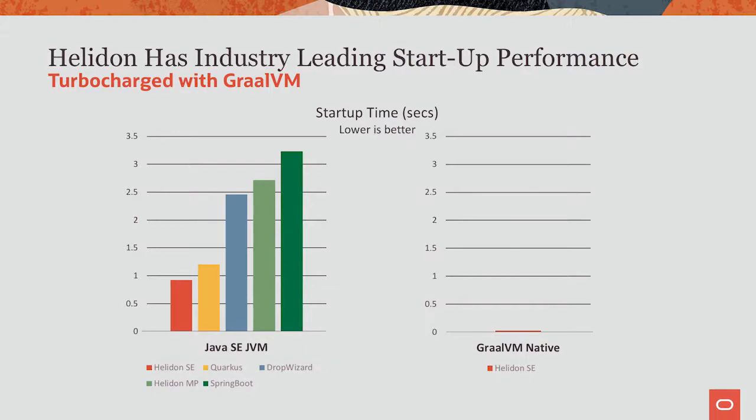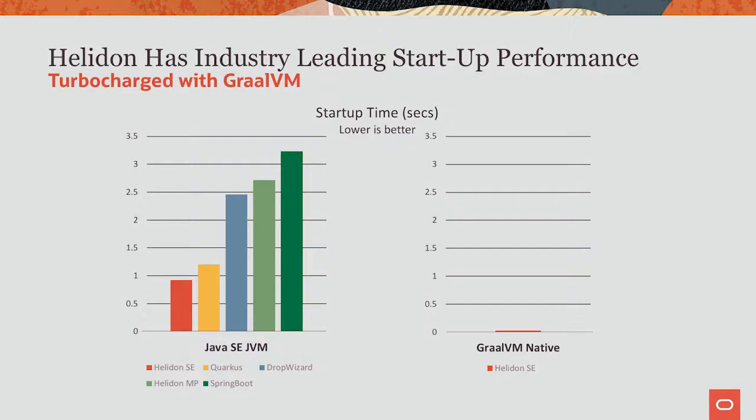We also use GraalVM for Helidon, and here's an interesting chart. It shows the startup time of starting up a Java application in Helidon. There's also Quarkus, Spring Boot, and so forth. With Helidon, which is really efficient, it takes 0.9 seconds to start up your application.